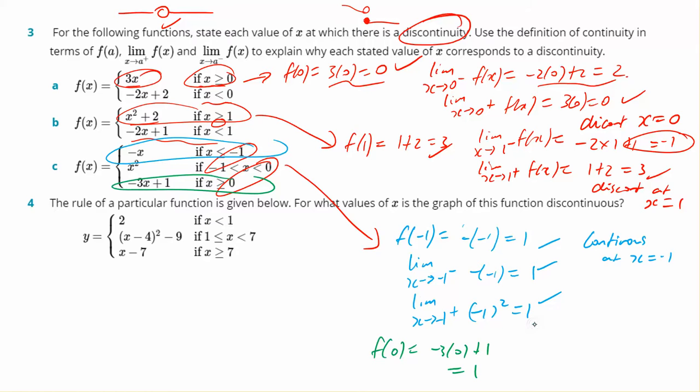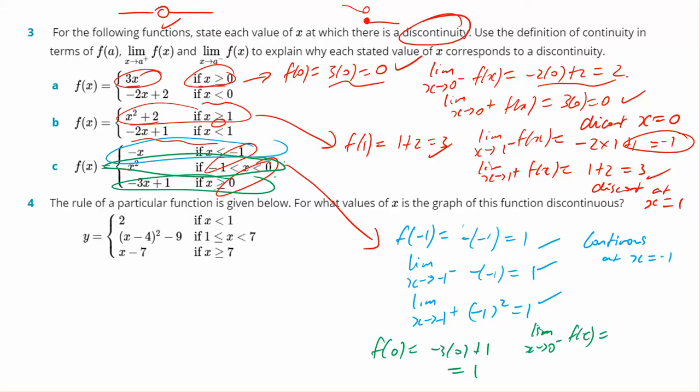We want to find the limit from the left and from the right of 0. So the limit as x approaches 0 minus of f of x would equal, from the left would be this equation, because this is from -1 to 0, and this is from 0 onwards.